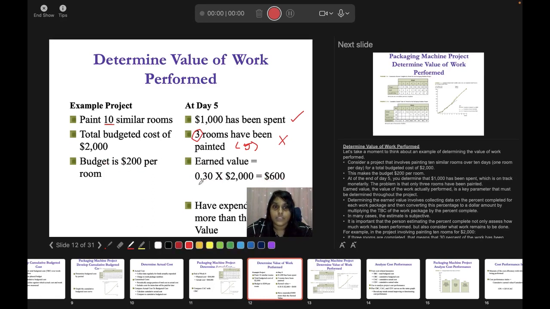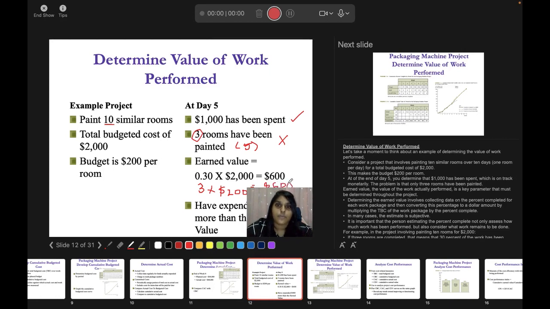You can also do this by 3 times 200. It is the same calculation, whichever you are comfortable with. So this is going to be 600 as well, right? You can do it per room, or you can do it per whole budget.